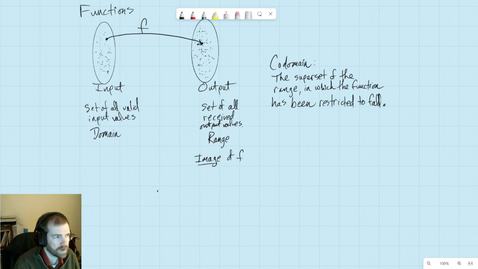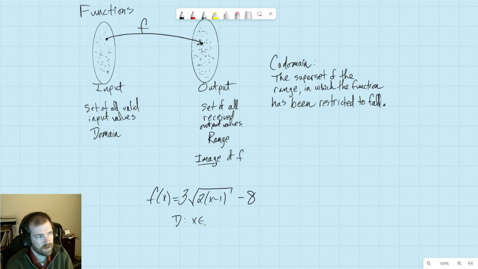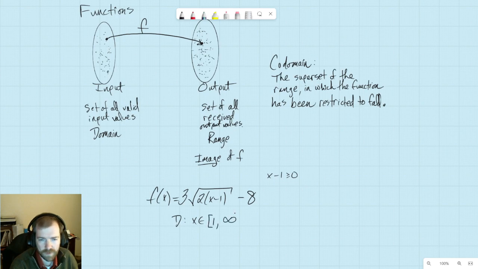So for instance, if f of x is equal to 3 square root of 2 times x minus 1, minus 8, something like this, we would want to say that our domain is, in this case we have to look at it and say, well, x minus 1 has to be greater than or equal to 0. So we know that x has to start from 1 and then go off to infinity.